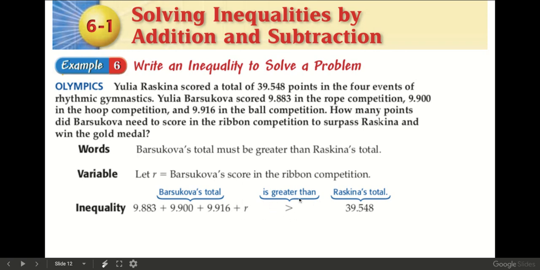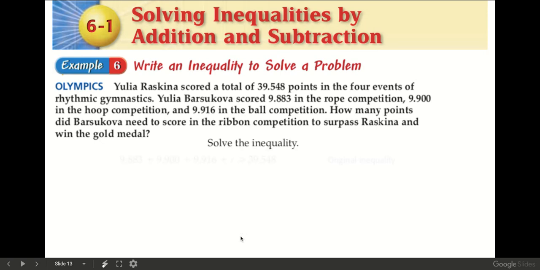And it has to be greater than, if she wants to win the gold, Ruskina's total, which is 39.548. Whatever she scores must make this total greater than that total.